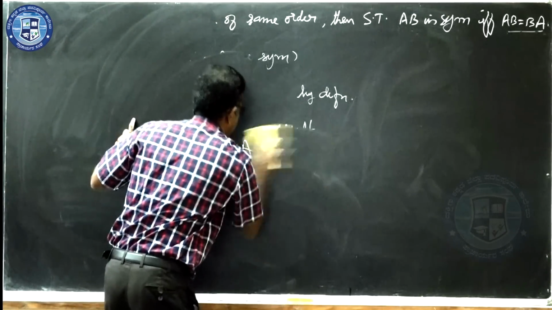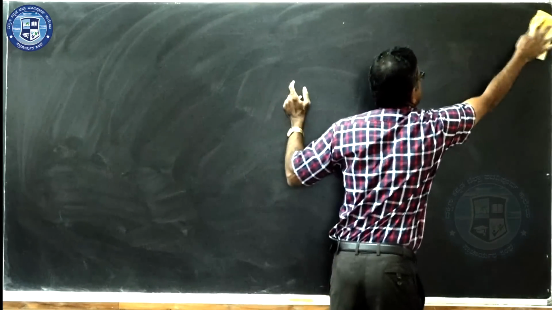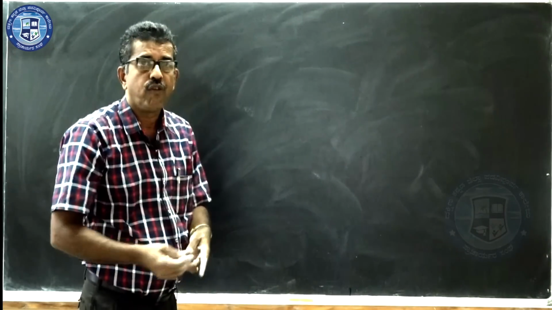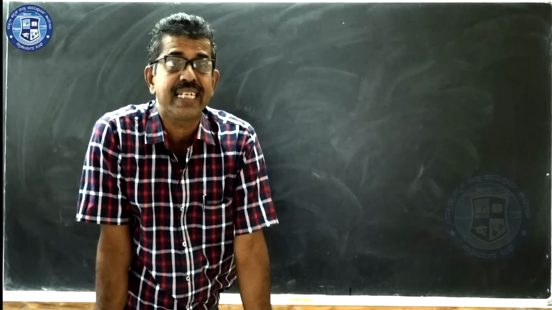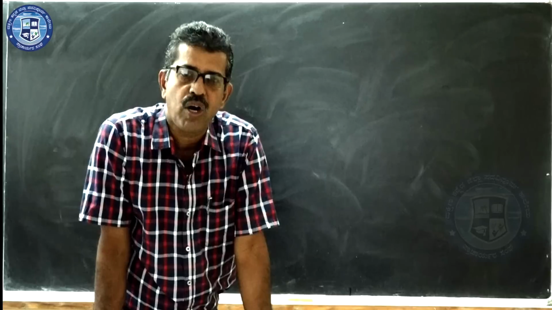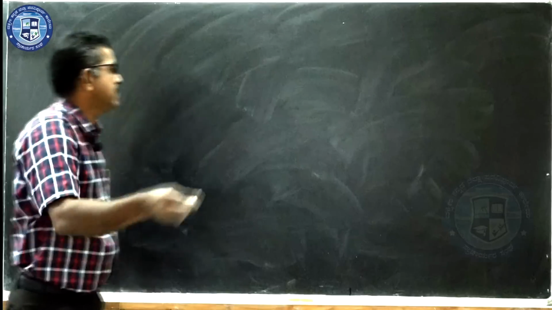Theorem 2 in your NCERT book. We have the second theorem, theorem 2. Any square matrix can be expressed as a sum of a symmetric and skew symmetric matrix. So, that is the second theorem.